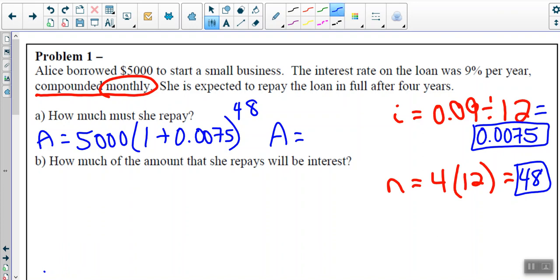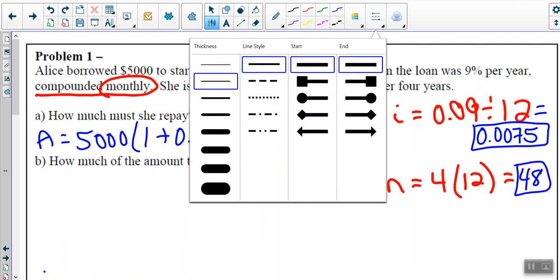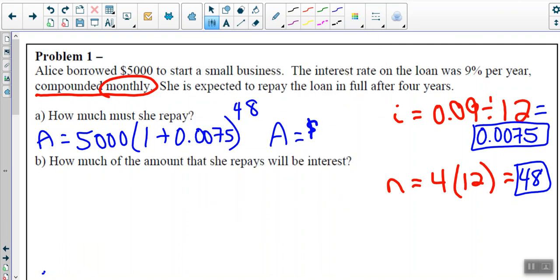And I'm getting the amount to equal $7,157.03. $157, and sorry, I'm not sure what I said, 3 cents.